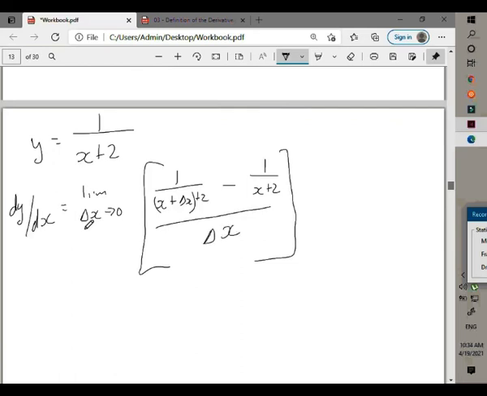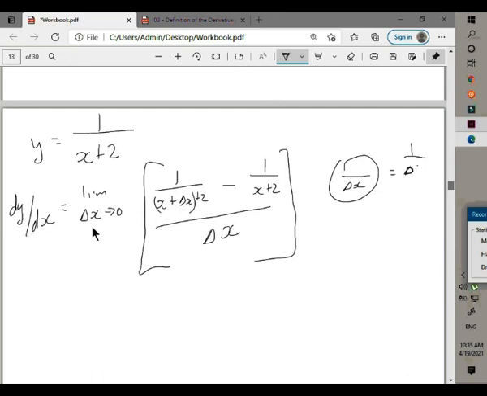Now, because division is such a pain, this here at the bottom, I'm just going to write it as delta x. Now, this being divided by delta x, what I will do is put it as 1 over delta x.